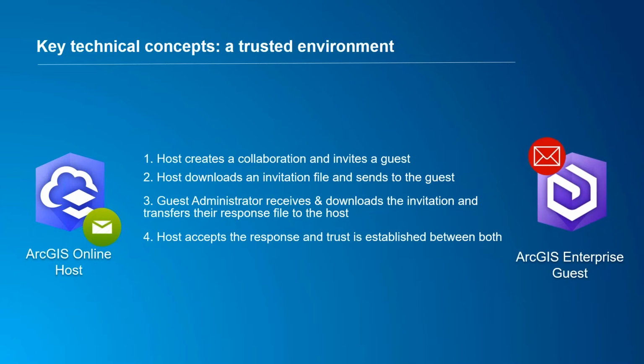So this is a good place to point out that in an ArcGIS Online to ArcGIS Online shared group, you're inviting members. But in the case of a distributed collaboration, trust is being established between the administrators of two organizations. So that's the difference. If you can see in this example I just provided, the host is not inviting individual members.